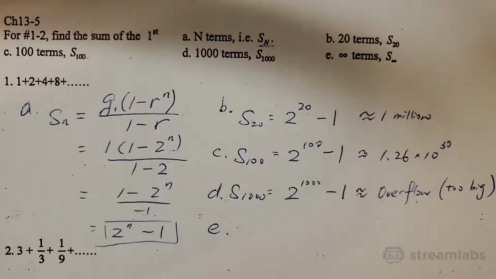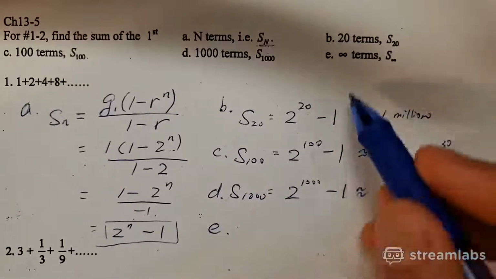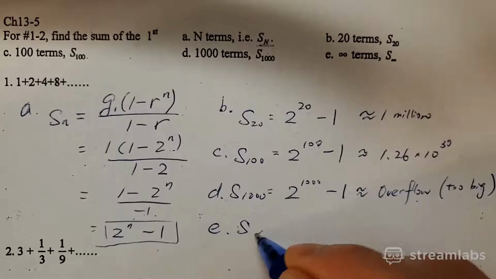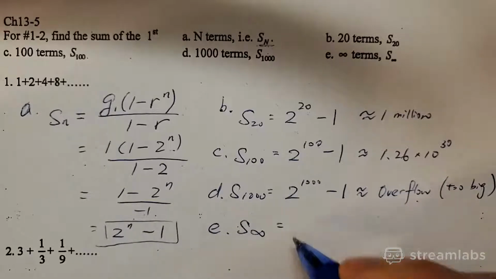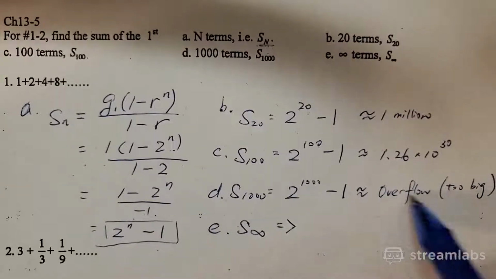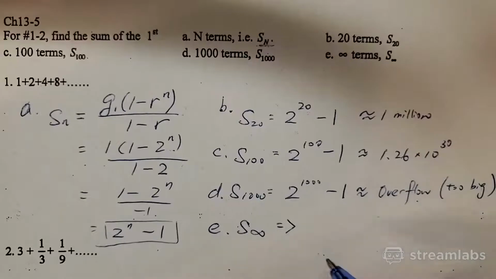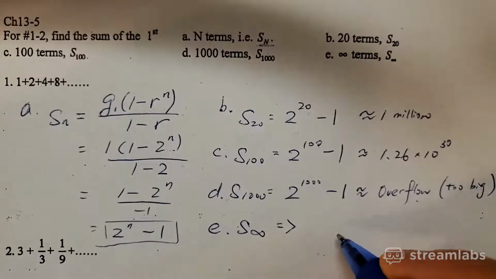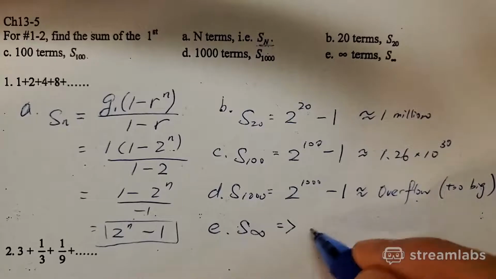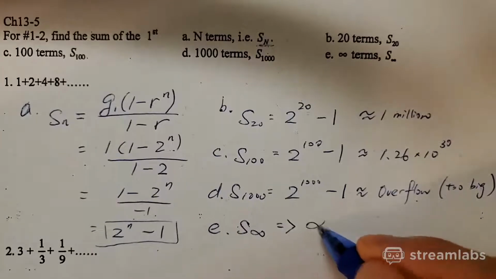All right, now look at this. What will happen if it's infinite terms? What do you think it's going to be? If this is already too big, then this is even bigger, right? So we will say this should go to infinity.